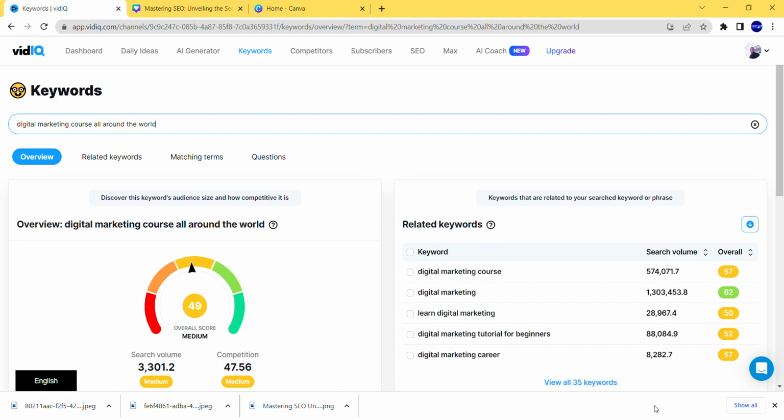Even this, I just wrote it, and I think people are also looking for it. Look, in this also there are people looking, and this keyword is still good. We have a medium here and also medium.